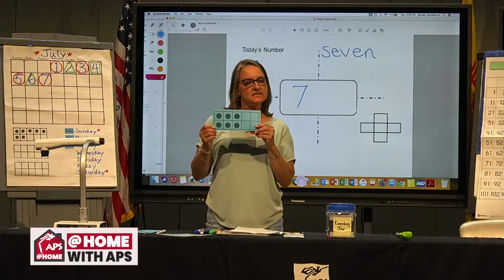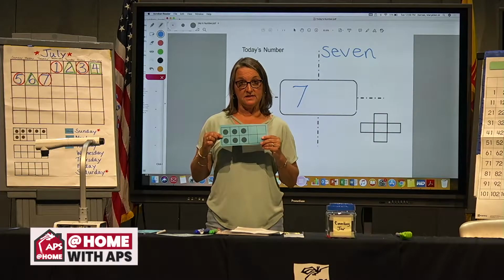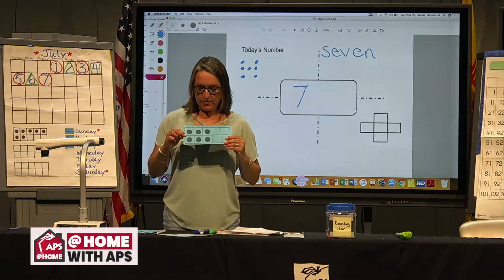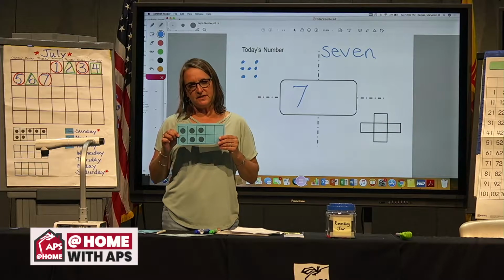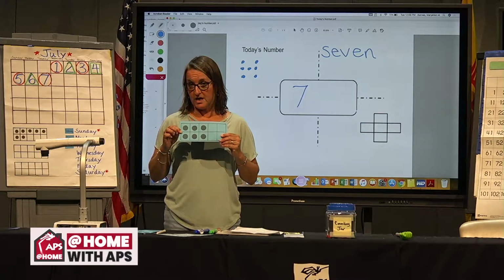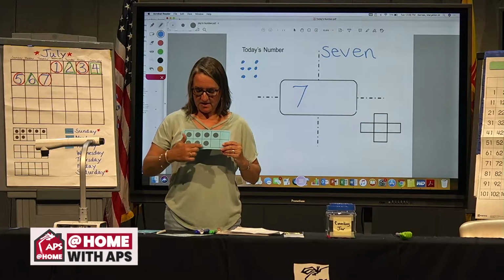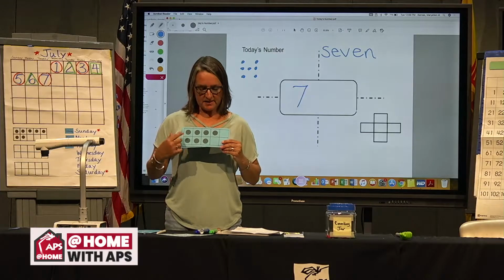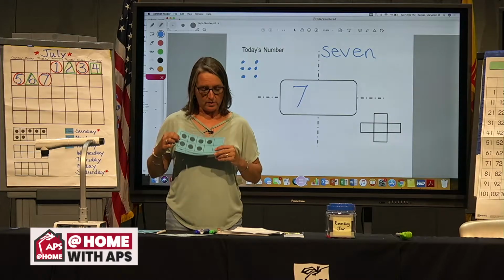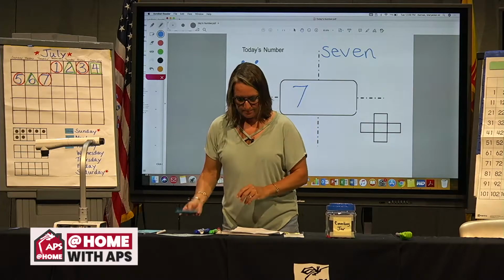Here's 6 on a pairwise frame, right? 3 and 3, we can see our doubles pattern. So if we wanted to change this 6 to a 7, what would it look like? We'd be adding on 1 more dot, and it would look like this, right? Our double 3 for 6 plus 1 more is what 7 would look like on this type of frame.